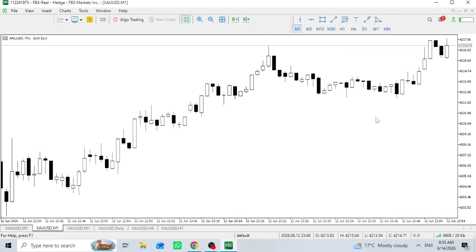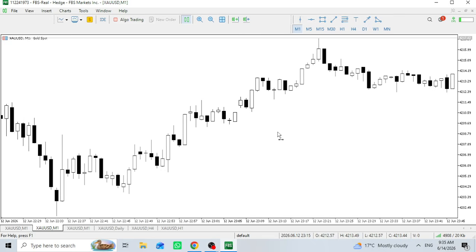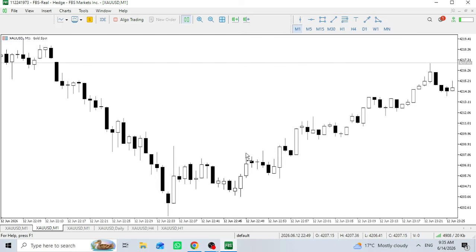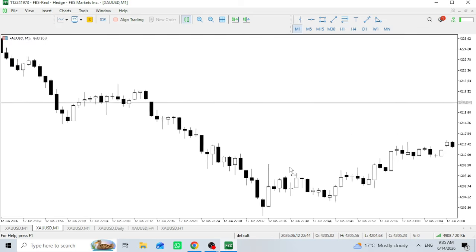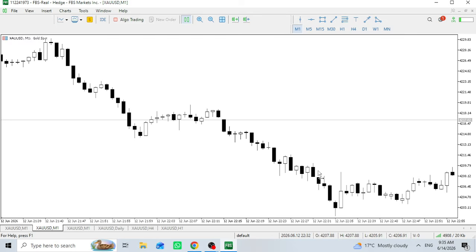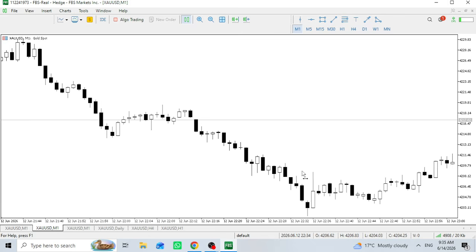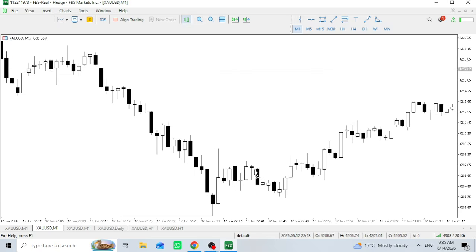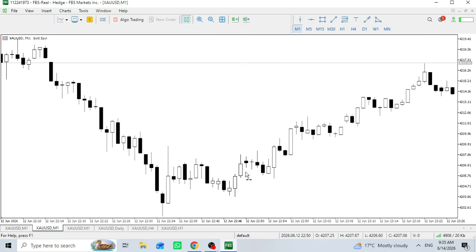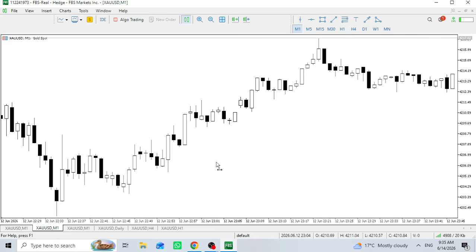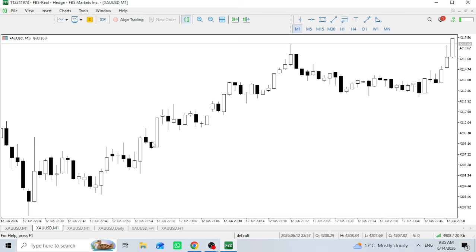How to use a doji candle, a hammer, the hanging man, the inverted hammer. There are other candles called marubozu. Engulfing candles like this.